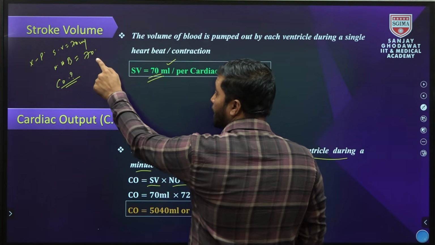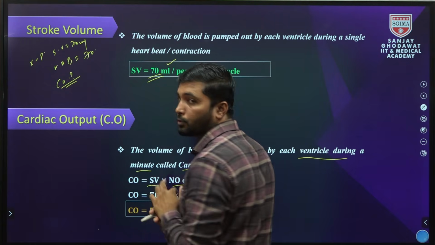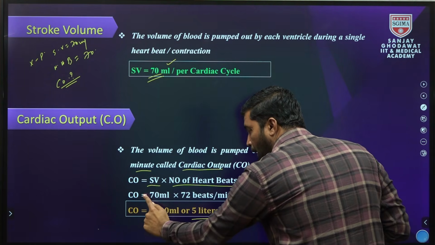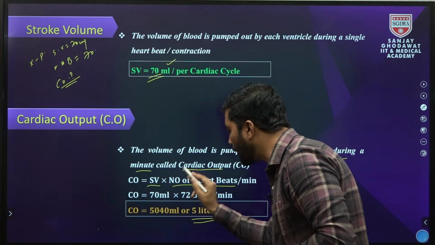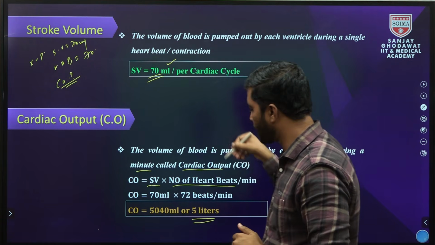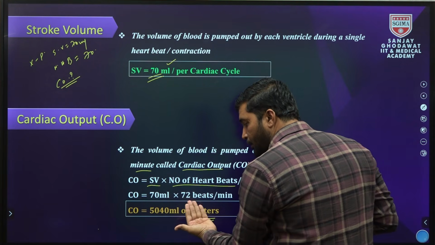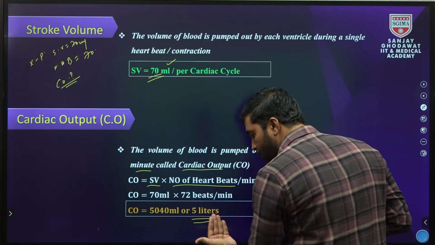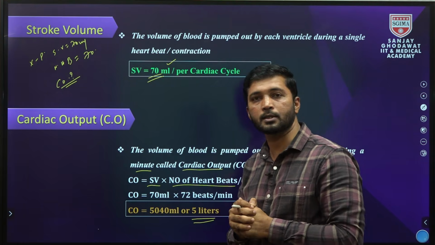Sometimes they change the heartbeats per minute, sometimes the stroke volume. The simple formula for calculating cardiac output is stroke volume into number of heartbeats. In a normal man, with 72 heartbeats per minute and 70 ml, the cardiac output is 5 liters of blood or 5040 ml.